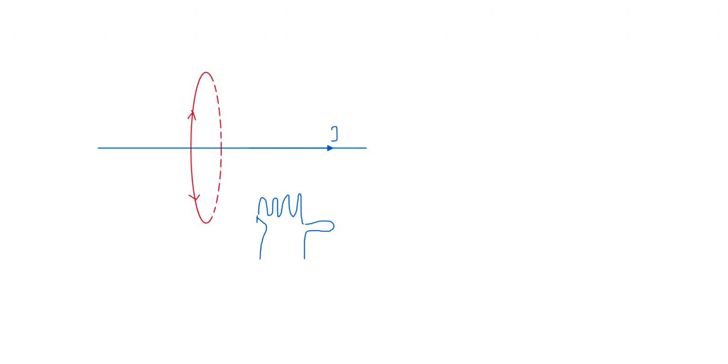So if here is electric current, here we'll have the direction of magnetic field. So according to this, we have to choose this direction. This direction will be correct in this situation.